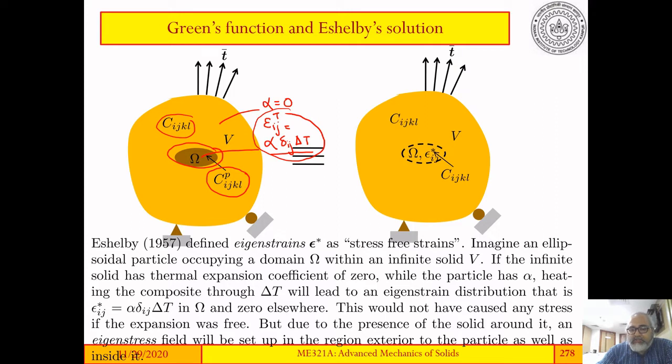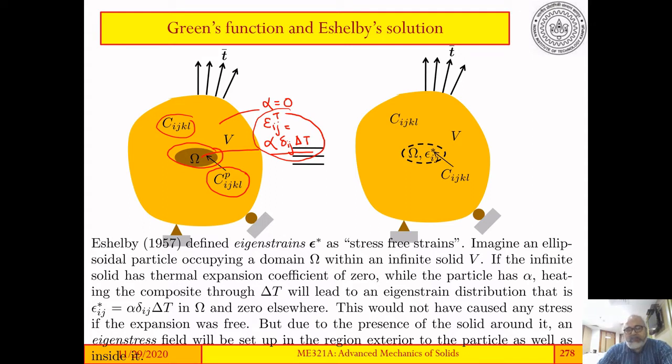Then this increase in volume will be again stress-free if it is not constrained. If it is constrained, stresses would be generated, and Eshelby wanted to solve this problem for an ellipsoidal particle.